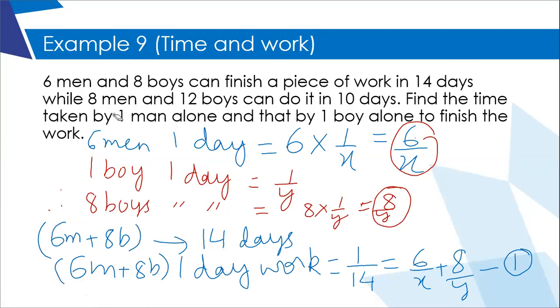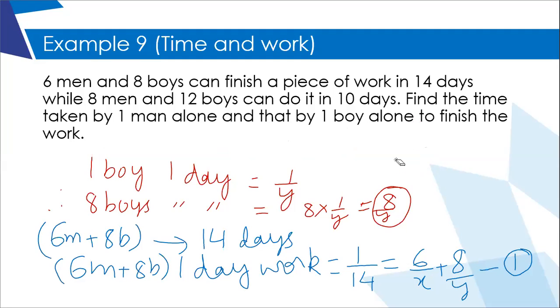Now for the second statement, 8 men and 12 boys, you can just write similarly, because for one equation you need to show the complete logic. How did you reach the equation? For the second one, you can just use the word similarly.